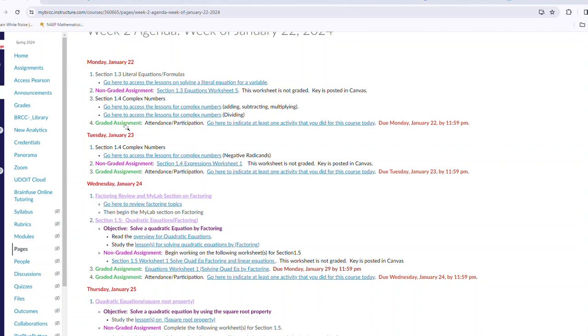It won't be for you to turn in for any work, but it's a grade in MyLab. For 1.4, you don't have a graded worksheet. The only thing you see is a non-graded worksheet. But sometime later this week, I'm going to assign section 1.4 in MyLab, so we need to complete that.